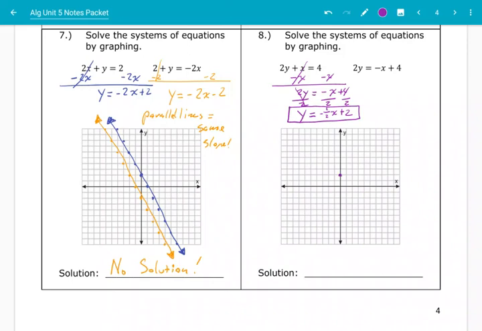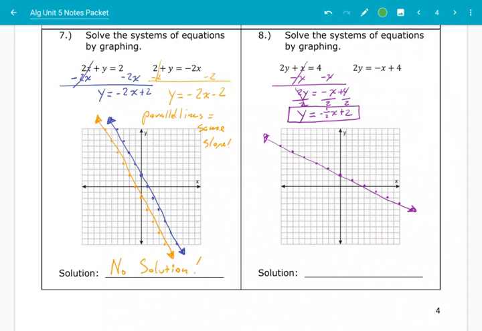Plus 2 is right there. Up 1 and over 2. No, not up 1. Down 1 and over 2. There we go. Down 1 and over 2. Down 1 and over 2. We're up and backwards 2. Purple line.